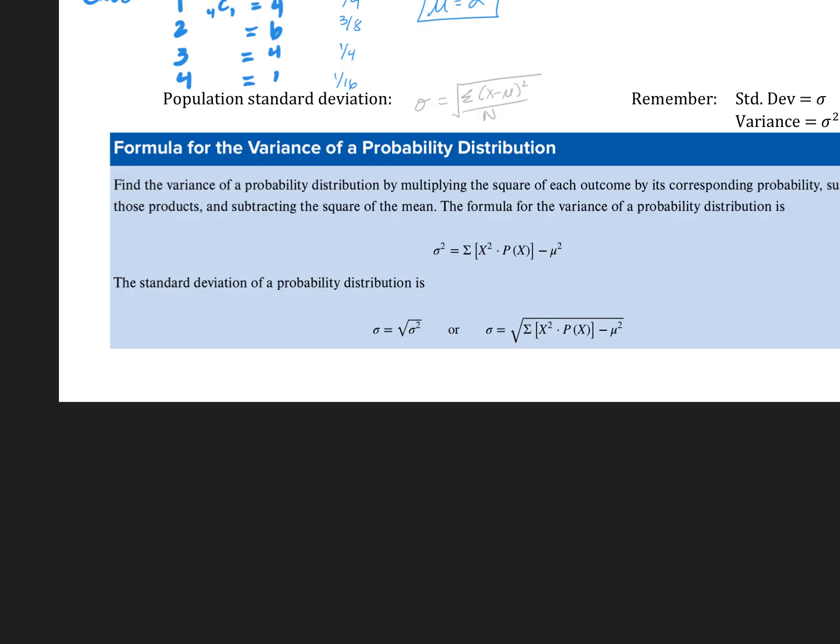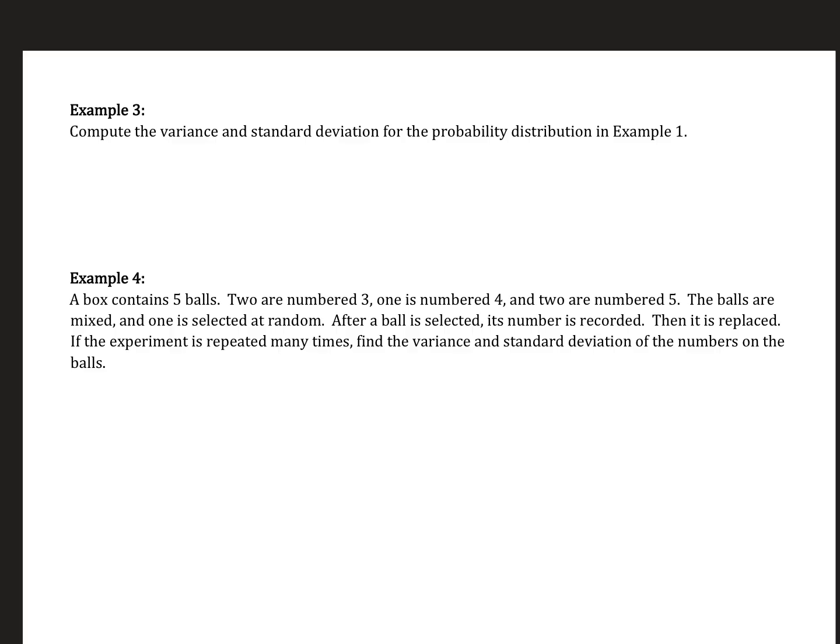So, let's go to example 3. Compute the variance and standard deviation for the probability distribution in example 1. Example 1, we found the mean to be 3.5. Example 1 was the dice problem. So, 1 through 6, and all the probabilities are 1/6.